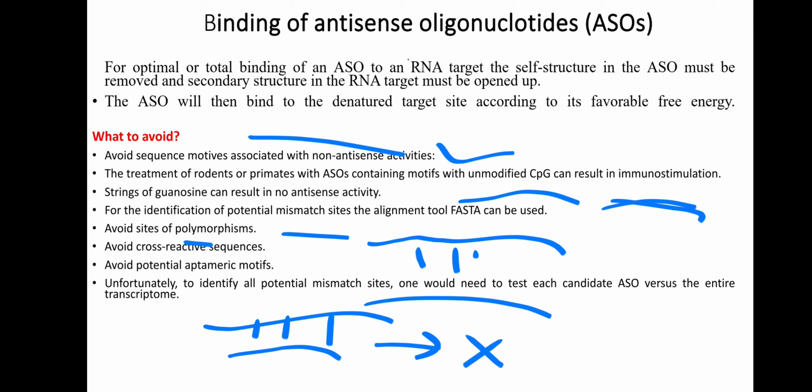Polymorphism is a big challenge for antisense oligonucleotide therapy, so we always keep in mind to avoid sites of polymorphism. Avoid cross-reactivity sequences. Cross-reactivity is a big challenge. Similarly, we also avoid potential aptameric motifs. These are the major challenges, limitations and restrictions to keep in mind during development.